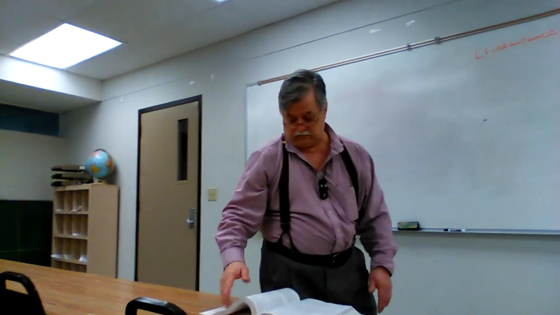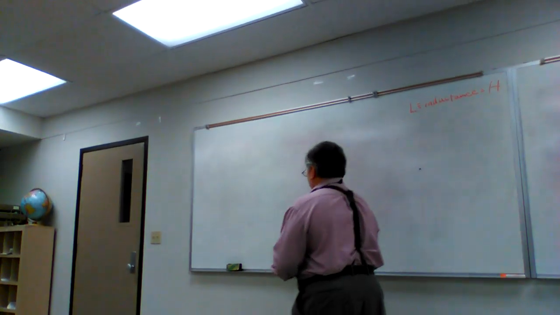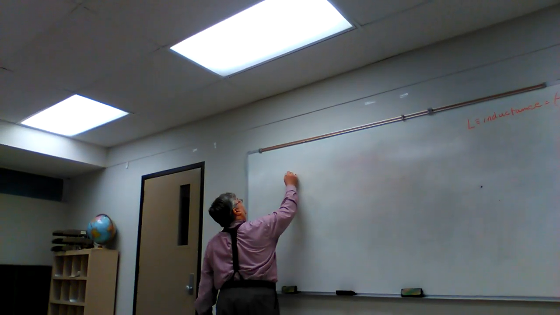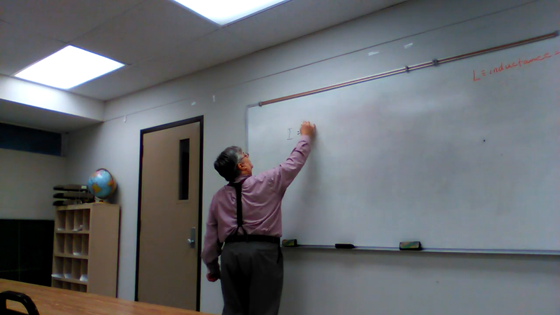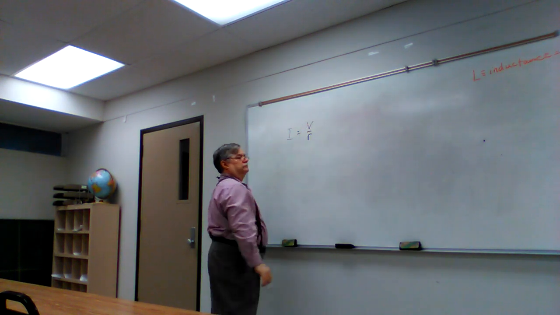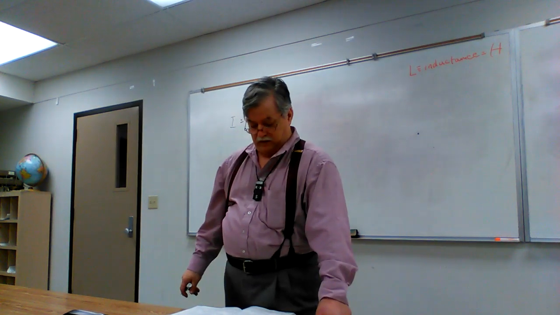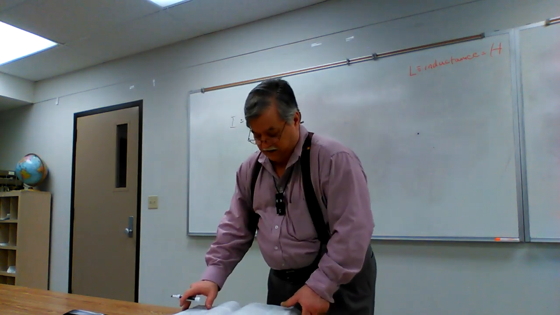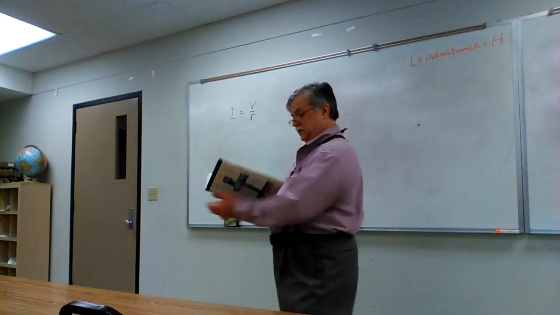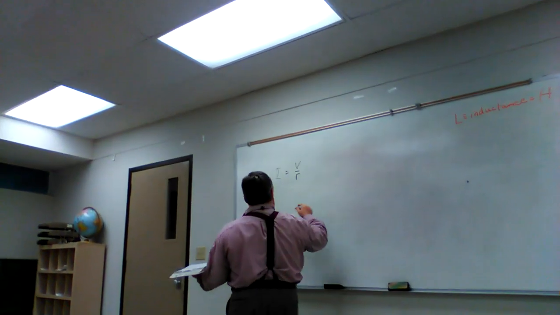How much current flows through an inductor when you first apply the voltage? I is equal to V over R, right? But when you add an inductor, when you're talking about an inductor, that current doesn't flow immediately.